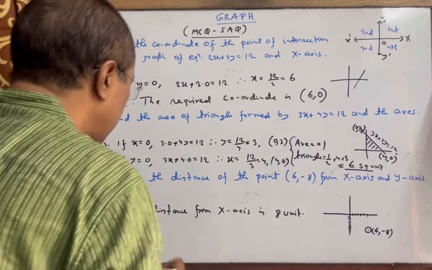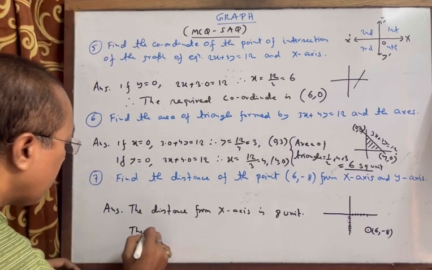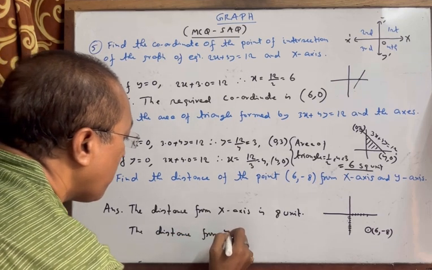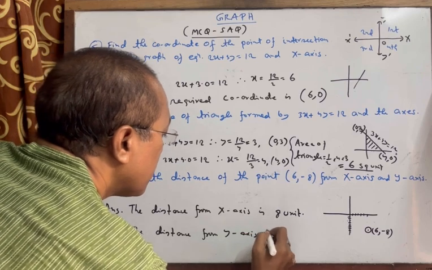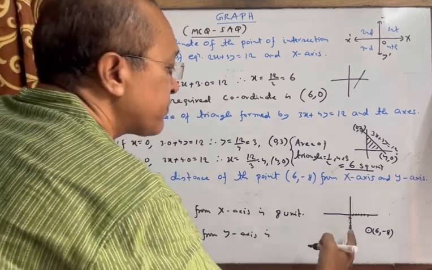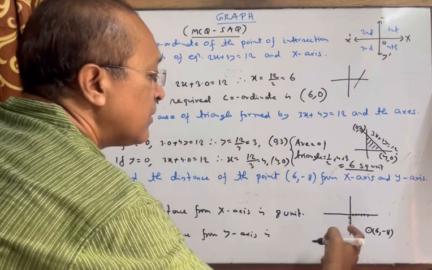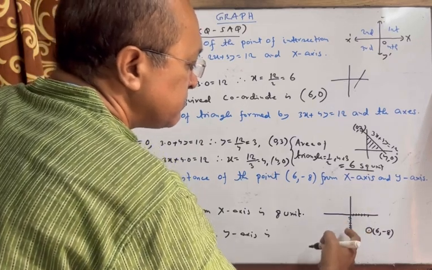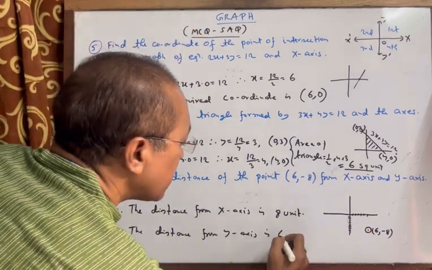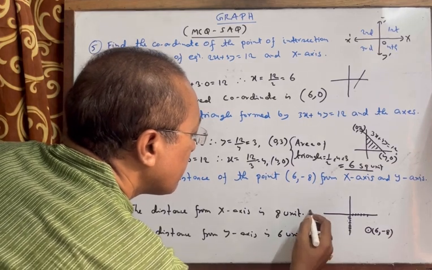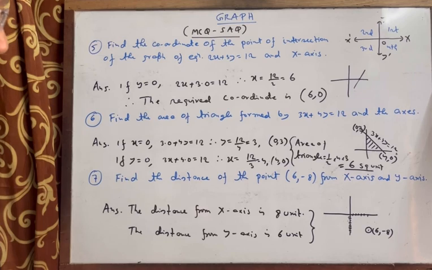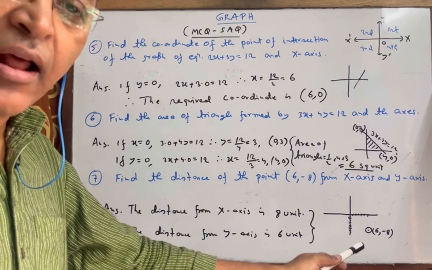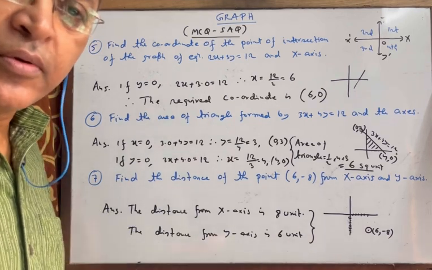And the distance from the y-axis is 6 unit. So drawing this particular point in a rough diagram, easily this answer could be found.